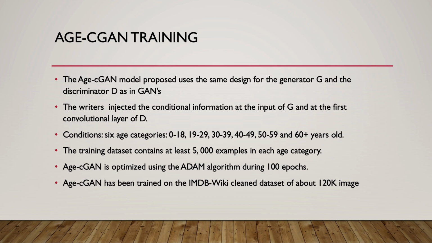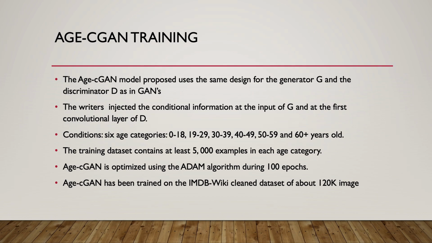In this case, the authors injected the conditional information at the input of G and at the first convolution layer of D. The conditions they used were 6 age categories: 0 to 18, 19 to 29, 30 to 39, 40 to 49, 50 to 59, and 60 plus years old.